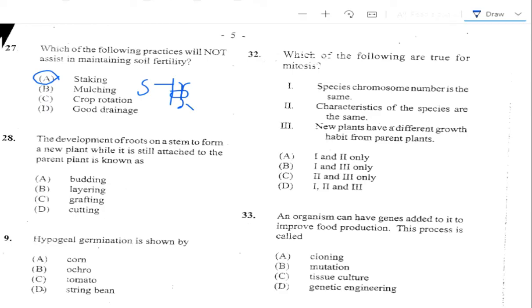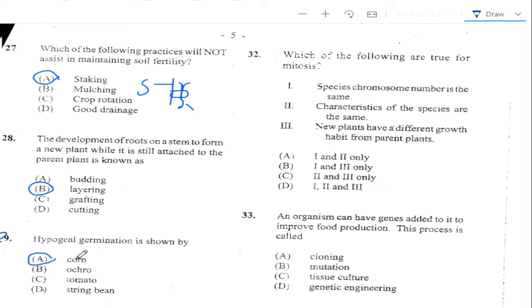Question number 28. The development of roots on a stem to form a new plant while it is still attached to the parent plant is known as A. Budding, no. B. Layering, yes. Question number 29. Hypogeal germination is shown by A. Corn.